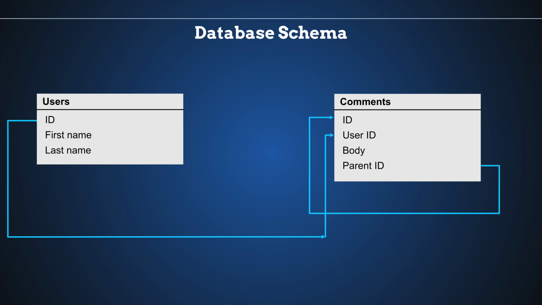Which actually means in the database, inside comments, we will have first of all the ID of the comment, then the body of the comment, then the user ID, this is the user who created the comment, and then the parent ID. It can be null by default if our comment was a root comment, or it will have the ID of the comment which is the parent of the specific comment that we are creating.